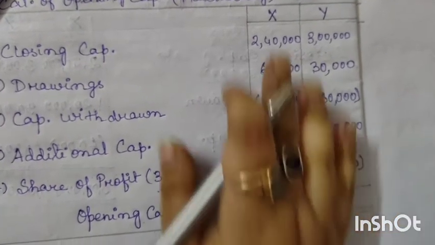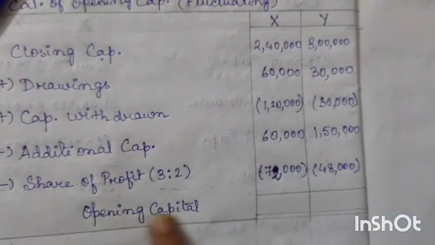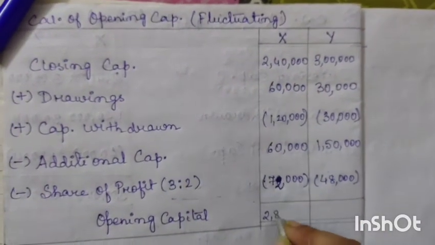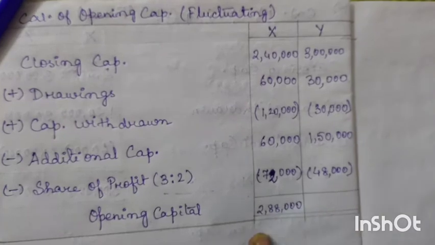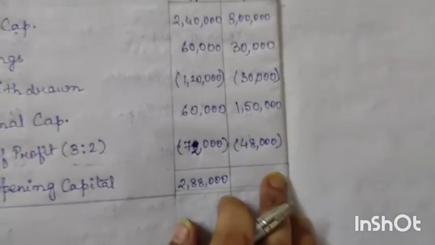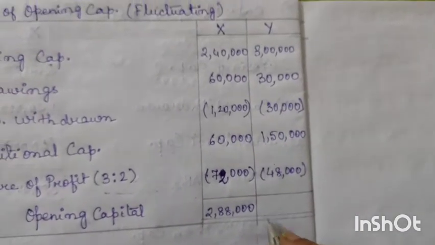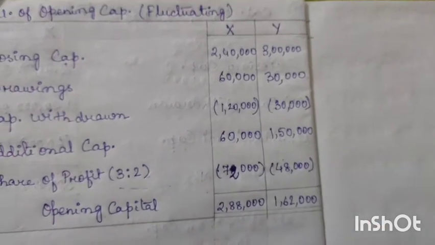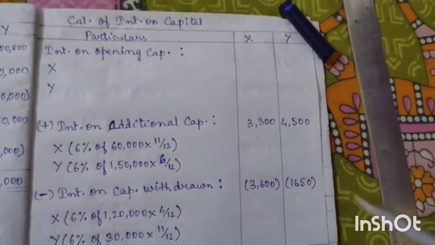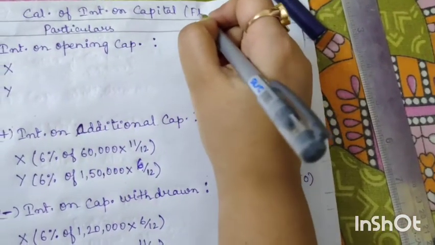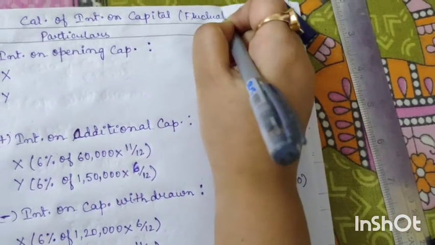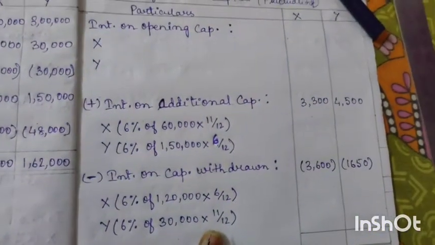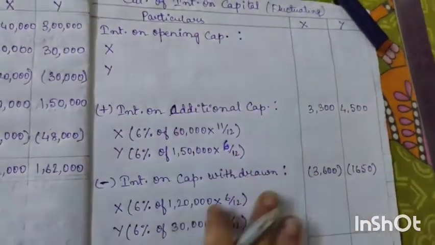Okay, so after doing the calculation, how much opening capital will we get for X? 2,88,000. Okay, and for Y the opening capital will be 1,62,000. Now as I told you, whether fixed capital or fluctuating capital, the calculation for interest on capital will be the same.